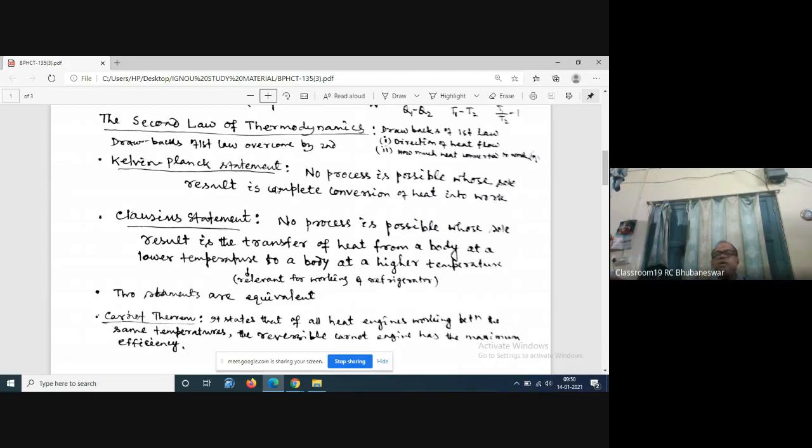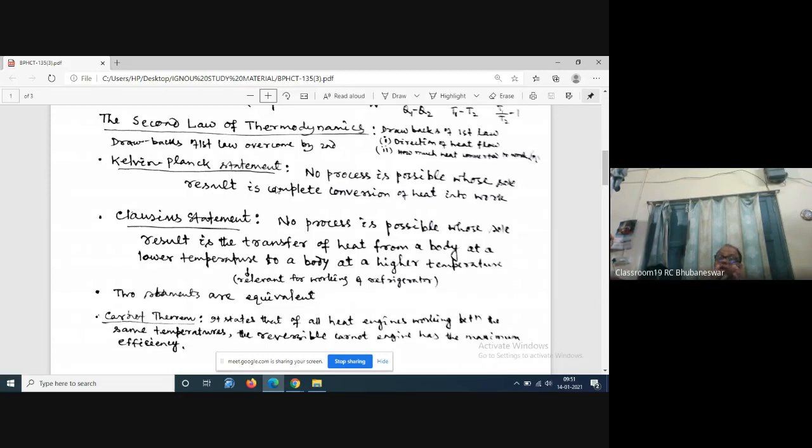In the case of a refrigerator, what do we do? We keep substances inside the refrigerator. Before the refrigerator starts operating, suppose you take a substance and place it inside the refrigerator. Before placing, it was at the surrounding temperature, so its temperature must equal the surrounding temperature.